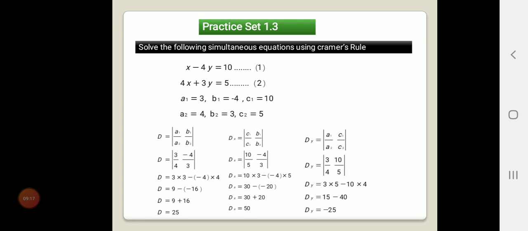Therefore Dy is equal to 3, 4, 10, 5. That is 3 into 5 minus 10 into 4. 3 into 5 is 15, minus 10 into 4 is 40. 15 minus 40 is 25, and the sign is negative. Dy is equal to minus 25.